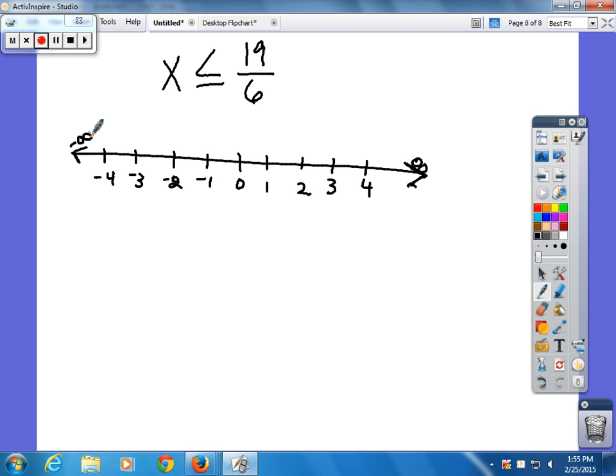And we are at 3 and 1/6. So what kind of circle goes here? Closed circle. I'll make it a little bit bigger. And my handy dandy shader.